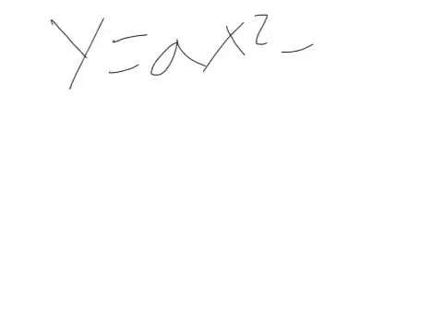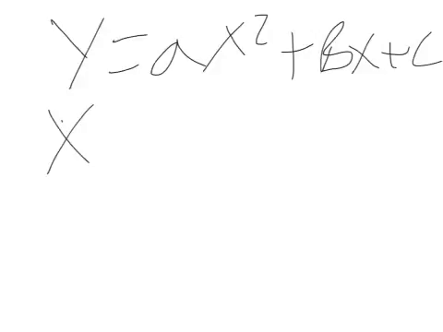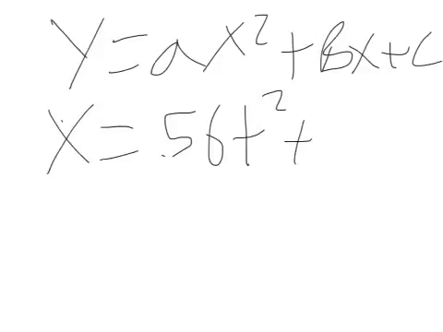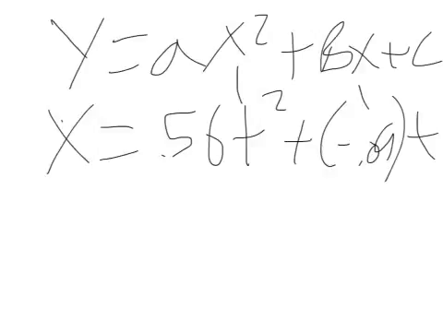So the quadratic formula written out would be y equals ax squared plus bx plus c, and our translation with our numbers plugged in would be half of acceleration, half of a, so 0.56 t squared, plus our velocity, negative 0.09 initial velocity, multiplied by our time, because the x's translate to time, plus our y-intercept, which would be 0.17, our starting position.